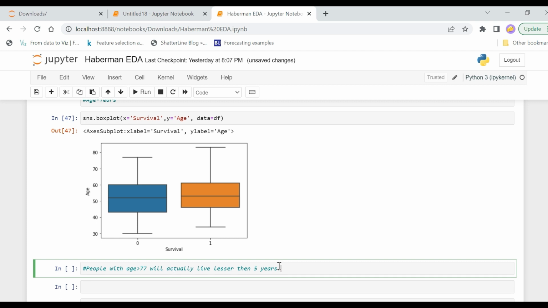This is a kind of... people actually live lesser than 5 years, and you can say the probability is like 99%.